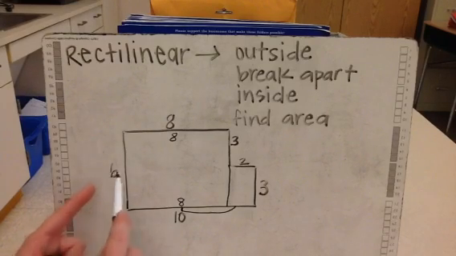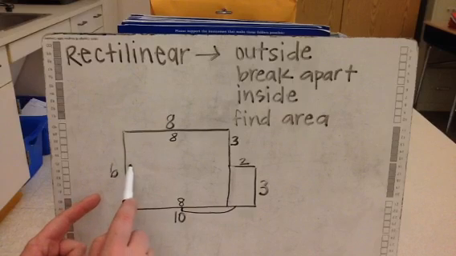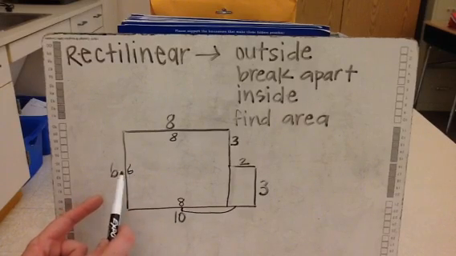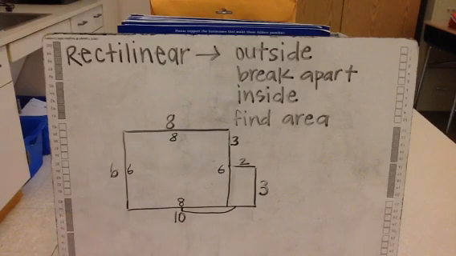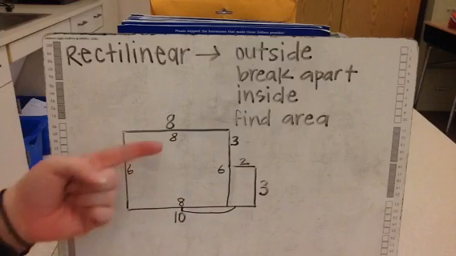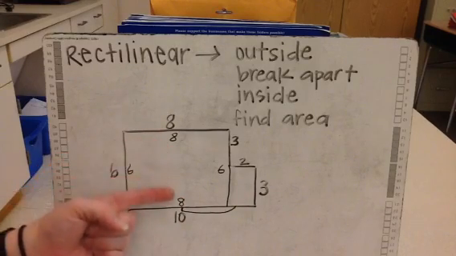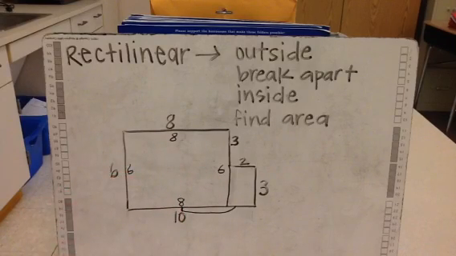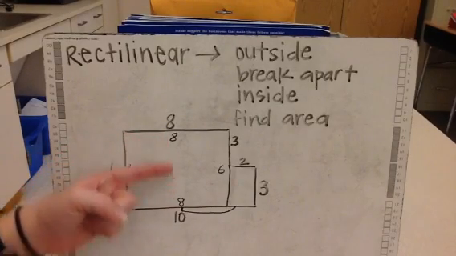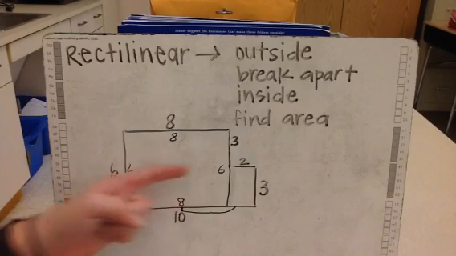It wasn't touched. So if the outside stayed the same, that means my inside length is 6, and I can shoot that length all the way over to the opposite side. So now that I have all of my inside lengths, and they make sense because opposite sides on a rectangle are equal. If you find side lengths and the opposites are not equal, you should not continue, and you should reverse and figure out what happened, because opposite sides in a rectangle should be equal.